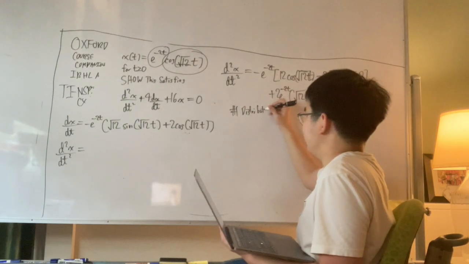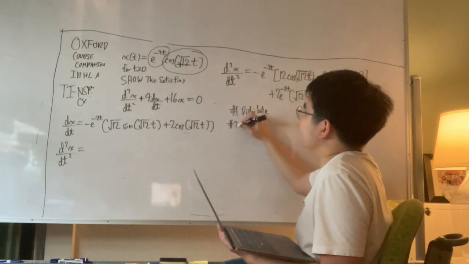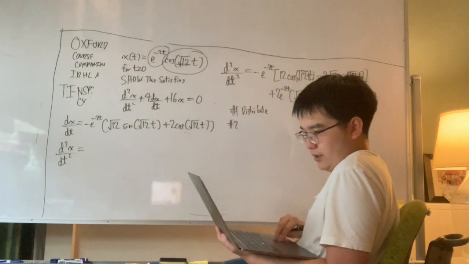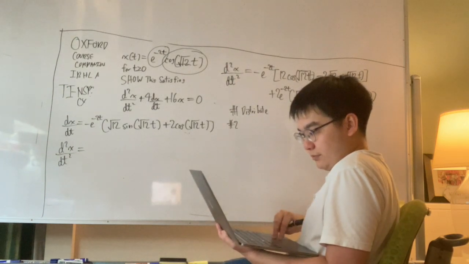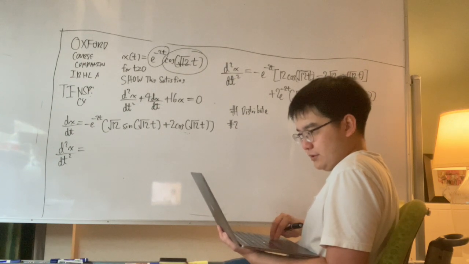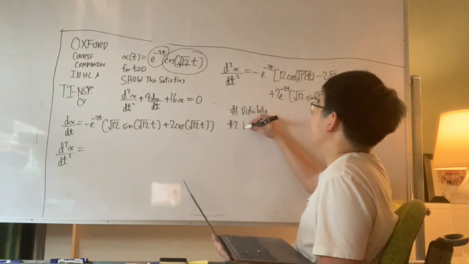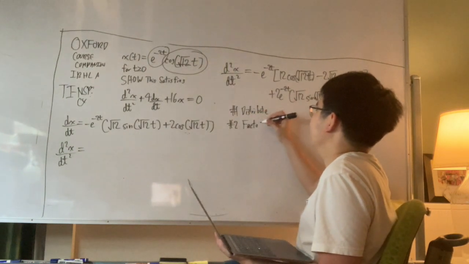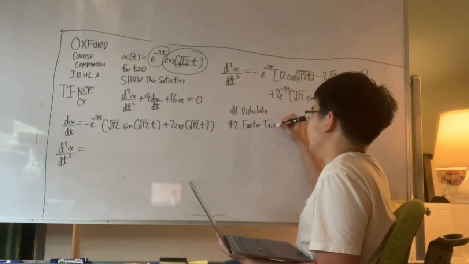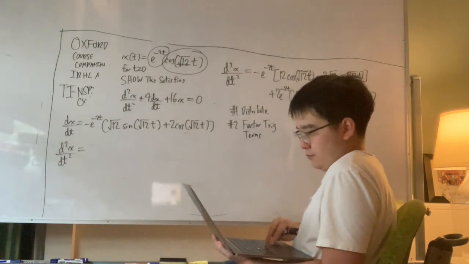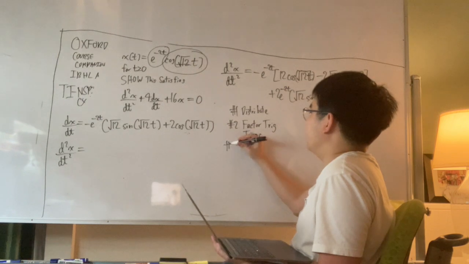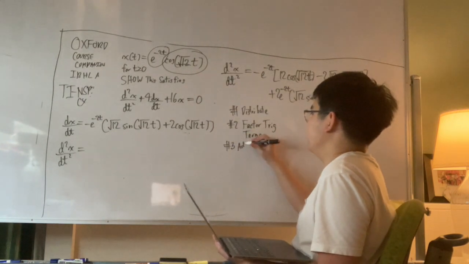That's what I really do for one line. Second line that I do is factor. What do I factor? I factor the trig terms, but you can factor the exponential terms if you want. And then I add the remaining exponential terms.